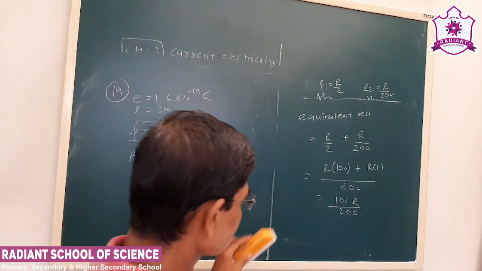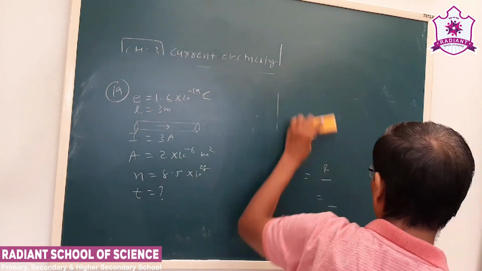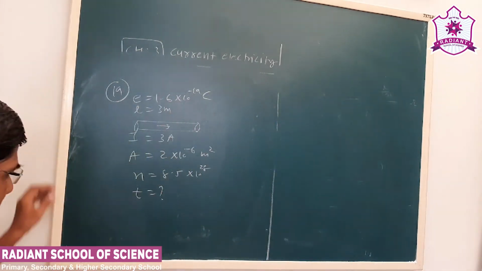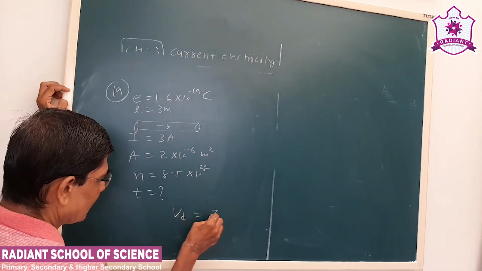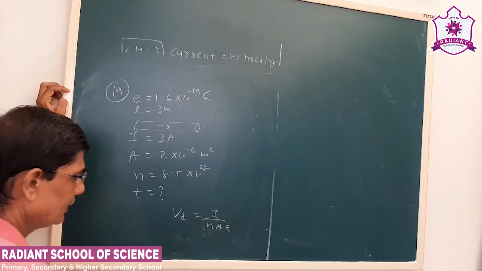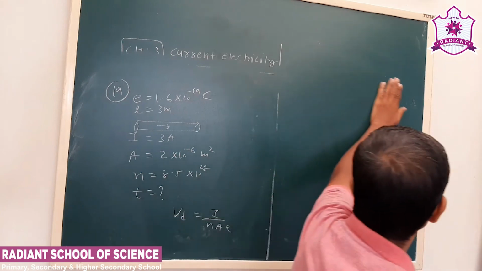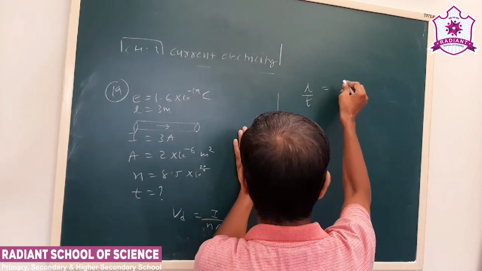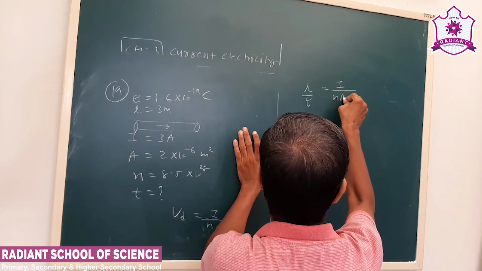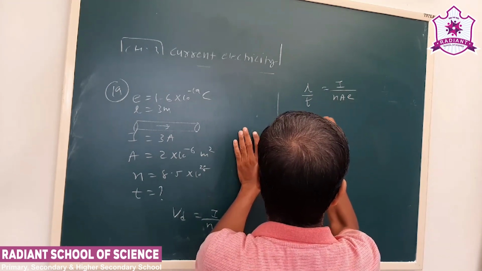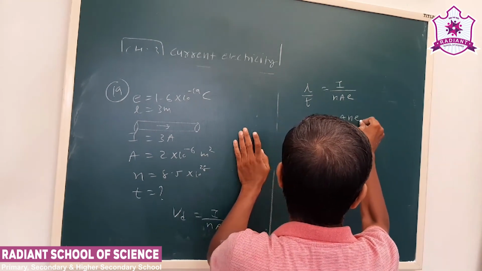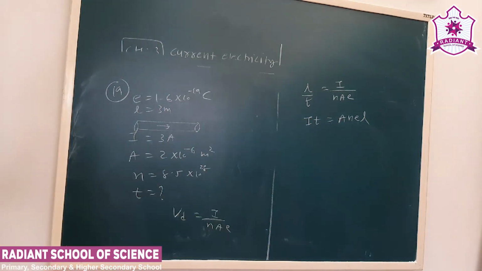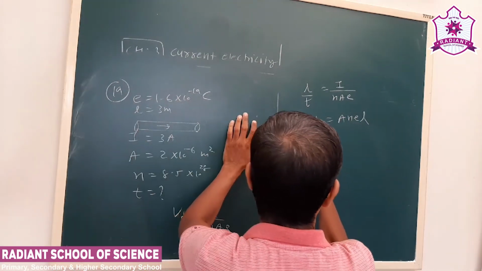Now see, what is the formula for the drift velocity? Vd is equal to I upon nAe. Now velocity is length upon time. So I t is equal to nAeL.